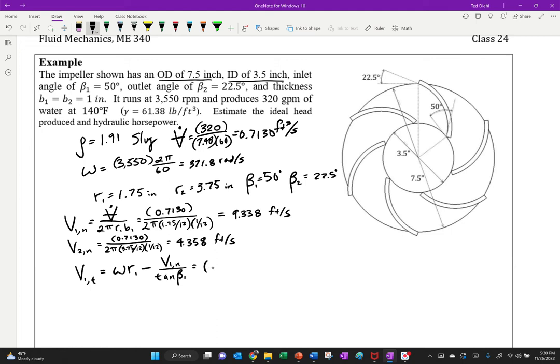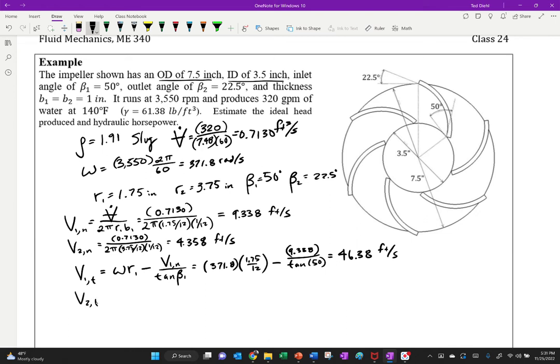So we have 371.8 times 1.75 divided by 12, to get this in feet per second, and we'll subtract out v1n, which is 9.338, divided by the tangent of 50 degrees. As I mentioned in the previous video, we could have found an angle where this would have resulted in 0, but we don't have that instance here. We have 46.38 feet per second.